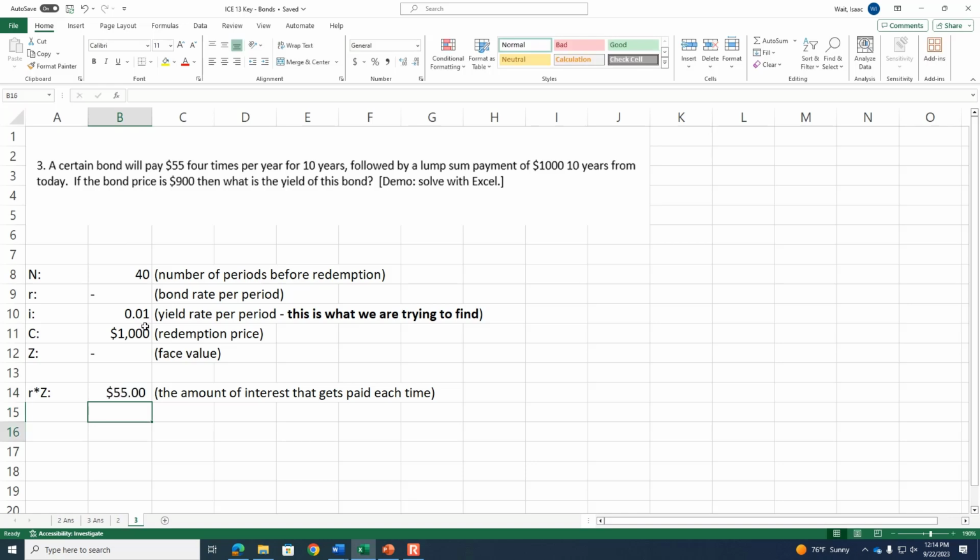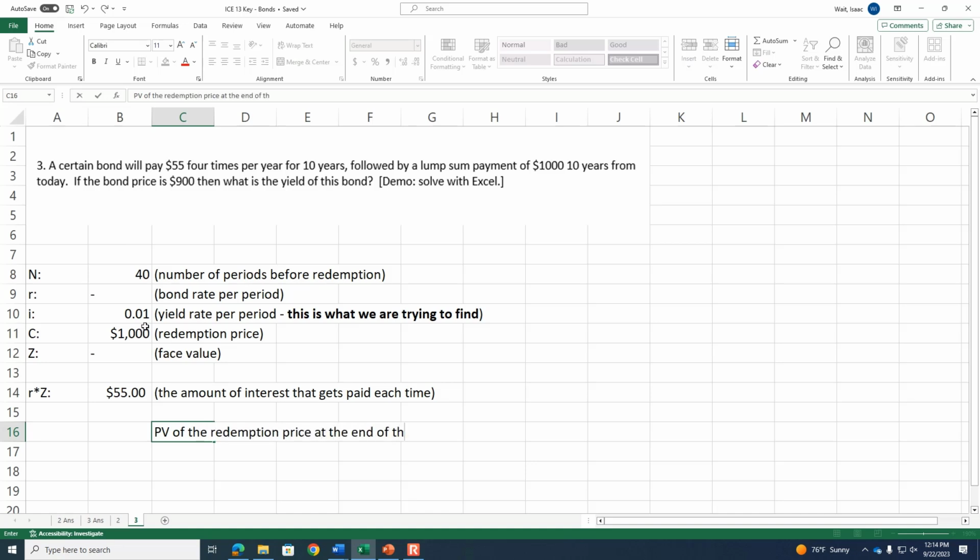All right. So now, who can remind me, what are the two components of a bond's value? P given F, and so that's the present value of the redemption price. All right, so that's one part of the bond's value, and then what's the other part?